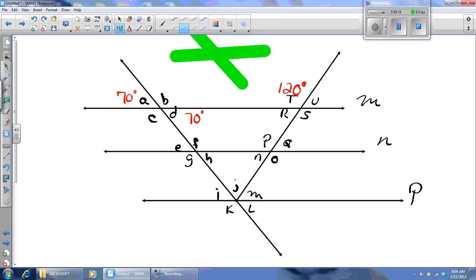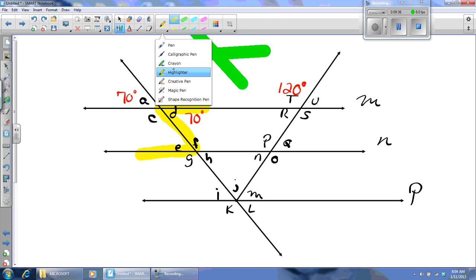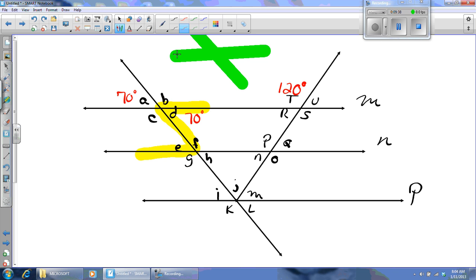Now, I also have right here a Z. See my Z? Alternate interior angles. Well, if D is 70, I alternate, go to the other side of the transversal, I'm down to angle E. That must also be 70 degrees. See how simple this is? That forces H to be 70 degrees.